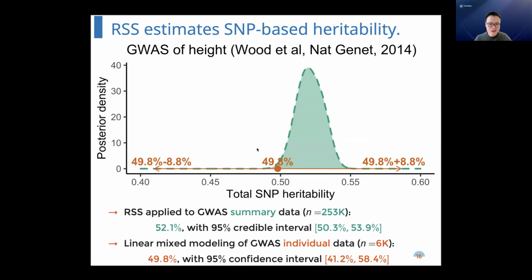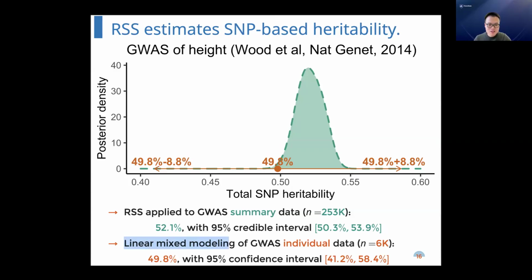It's not simulation, so we did the second best thing. We applied the gold standard approach in our field to estimate heritability. That gold standard, I think even until today, is still the linear mixed modeling approach to estimate heritability directly from the individual level data X and Y.